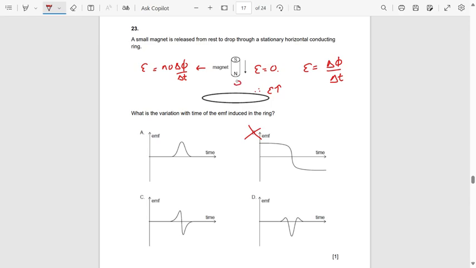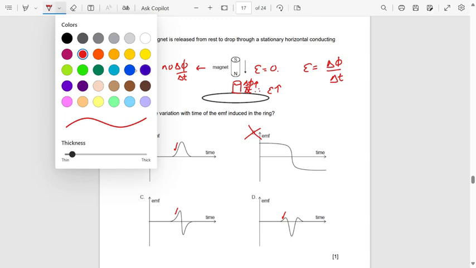So around here, okay, we start to cut, and so the rate of cutting increases, therefore E increases. So again, A, C, or D looks fine at this point. When it passes through the center, so this is that bit.